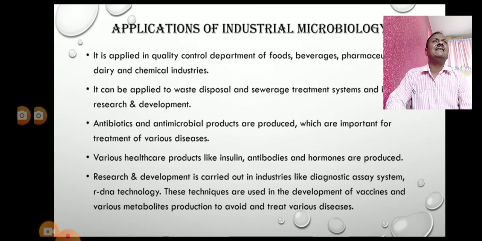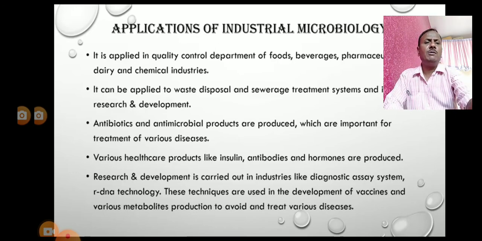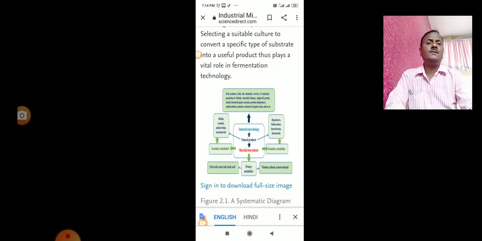Nowadays, hormones like insulin we can also produce by using genetically changed Escherichia coli. These are very important products we can produce by using microorganisms.